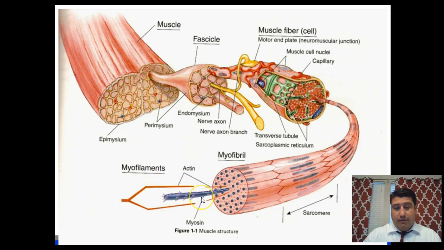So the muscle itself is comprised of trillions and trillions of myofilaments, and they work together in a functional unit called a sarcomere. A sarcomere is simply the end of the myofilament functional unit. Okay, so it starts, and this is just a good picture right here where you can see the zigzag line.